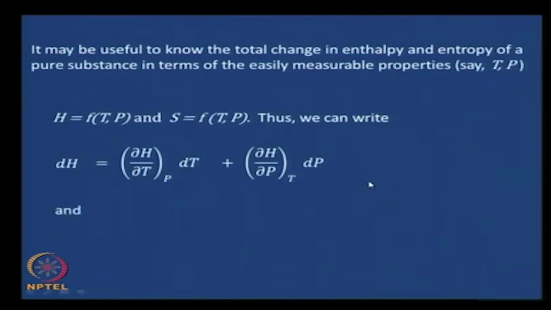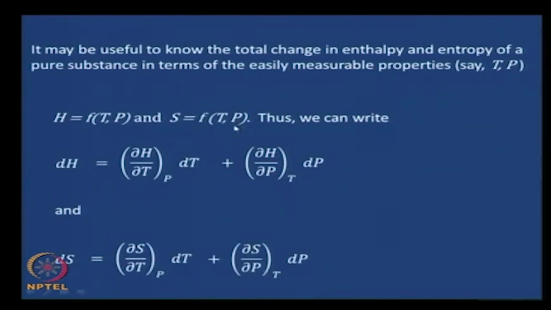and we can write a similar expression for entropy also. The total differential of entropy, dS, equals ∂S/∂T at constant P dT plus ∂S/∂P at constant T dP.